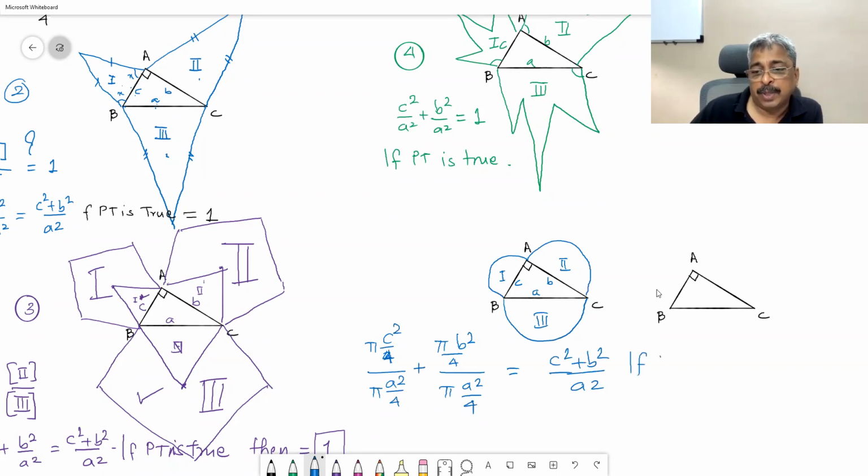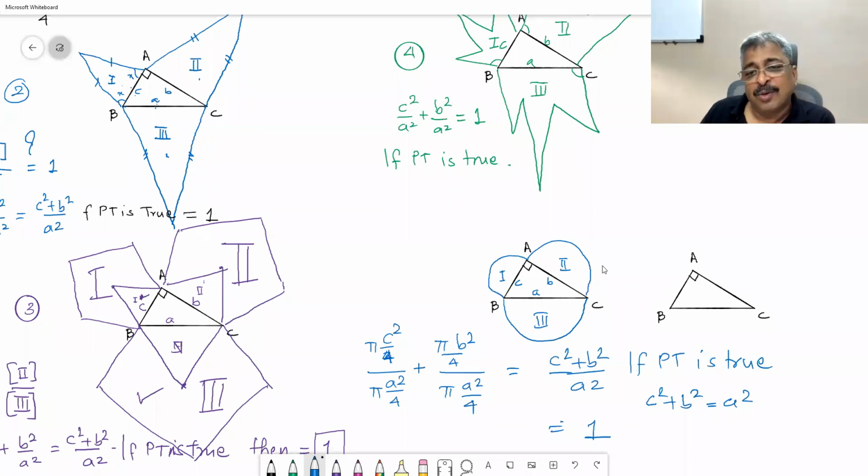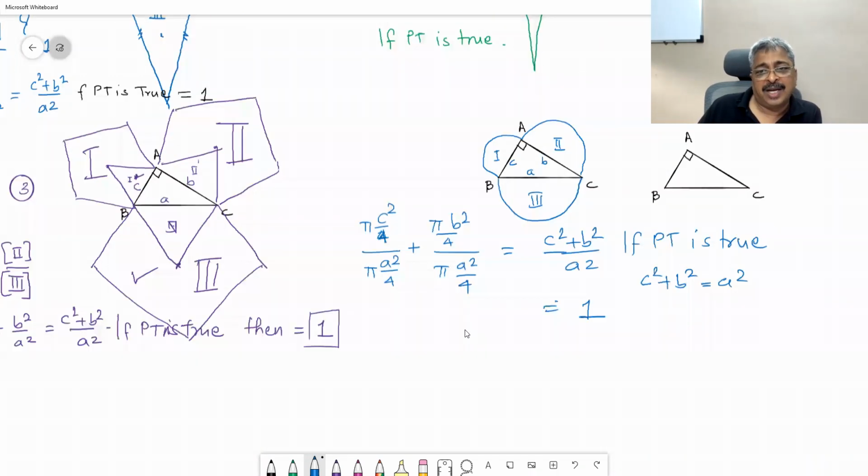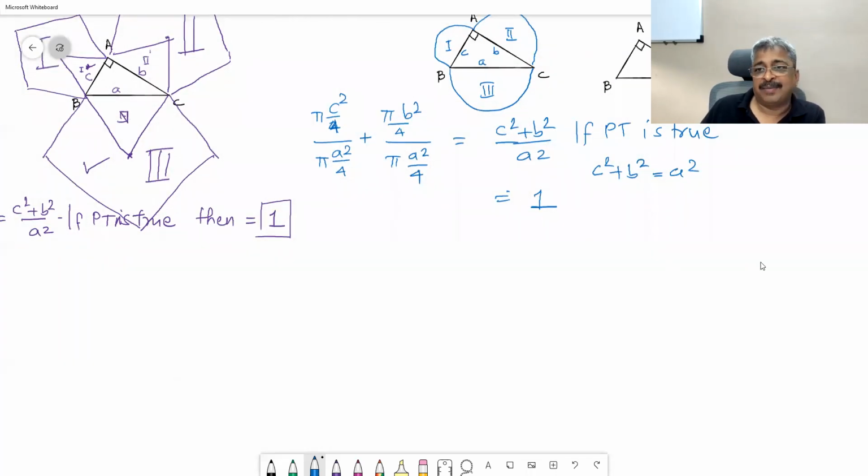And Pythagoras theorem is true. C square plus b square is equal to a square, implies this is equal to 1. So Pythagoras said you draw squares on the right angle triangle outside and you will get the summation of area equal to the area on the similar figure of the hypotenuse.